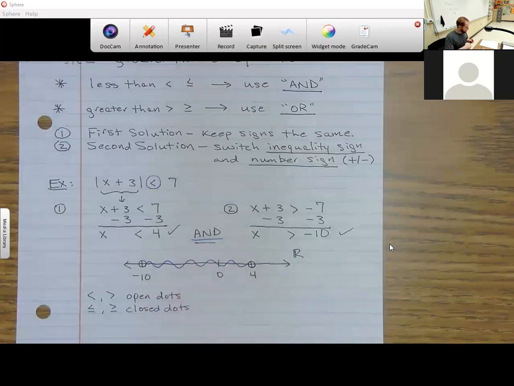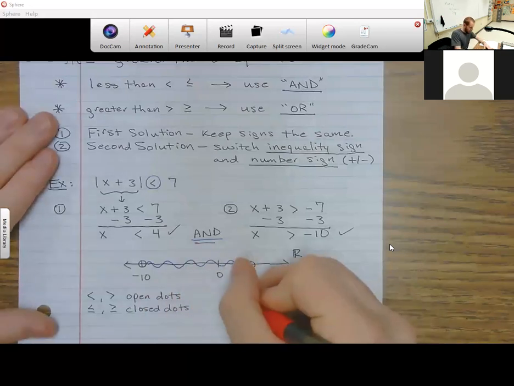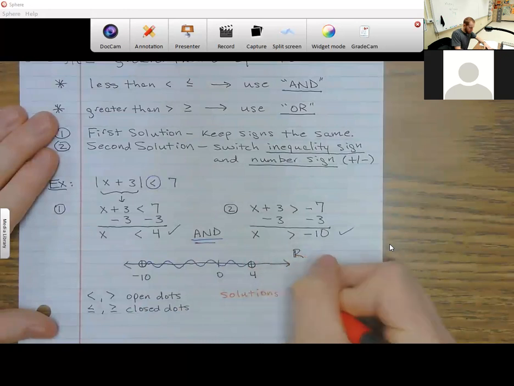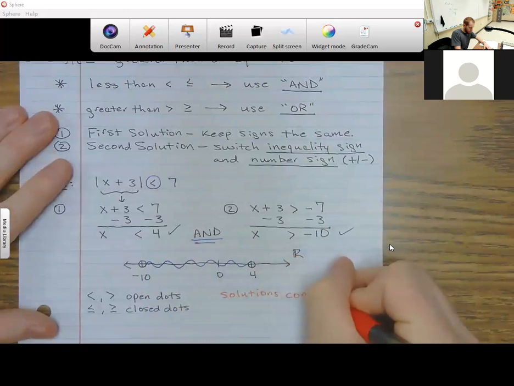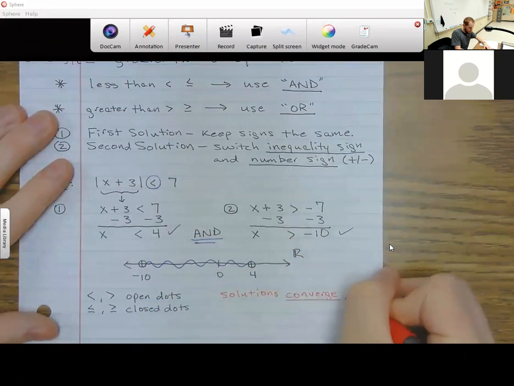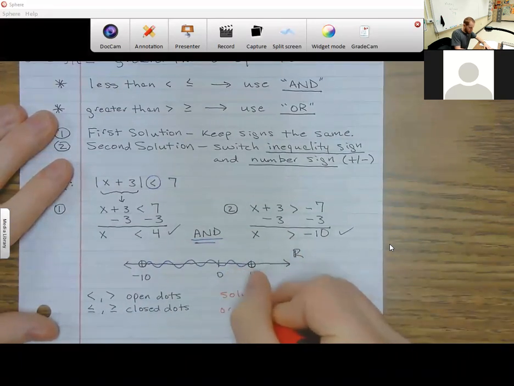Like, I'll write solutions converge. The solutions converge or meet in the middle.